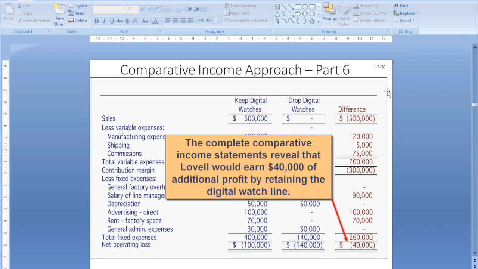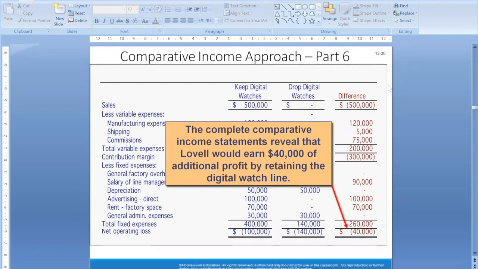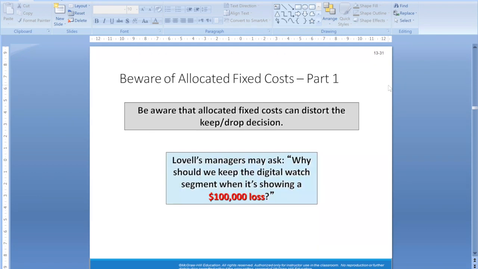So the difference, which is the third column, reveals that the company would earn 40,000 of additional profit by keeping the digital watch line. If we stop the line, we will have $40,000 more loss. So the decision should be to keep the line.